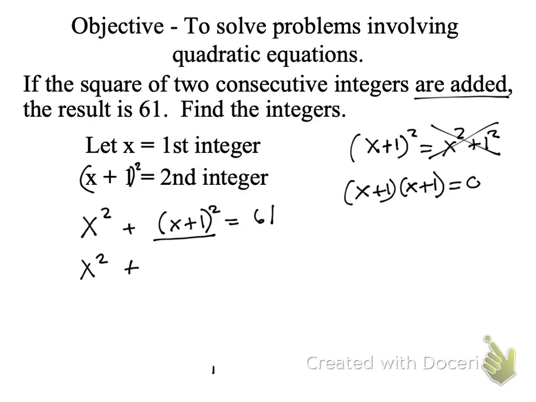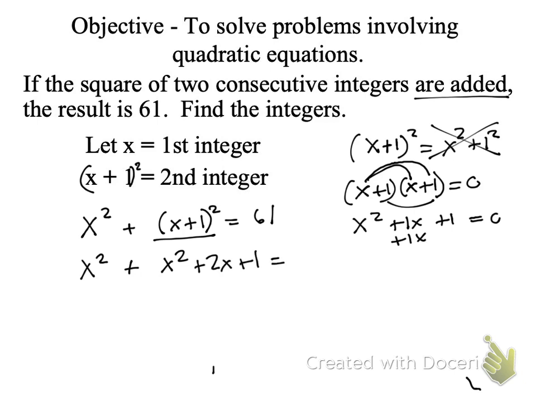And then it's x squared, plus 1x plus 1x and plus 1. So it'd be plus 2x plus 1 equals the 61. You guys with me?